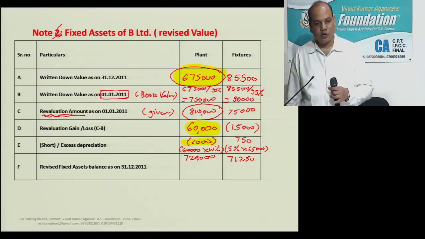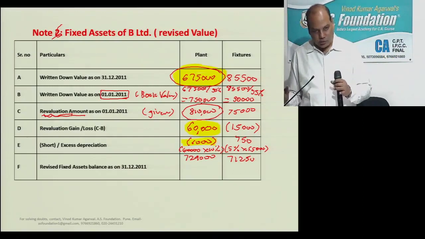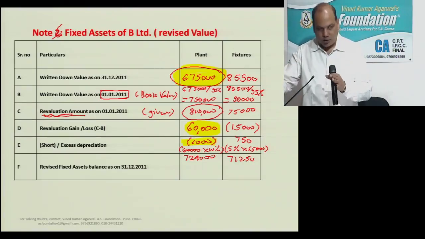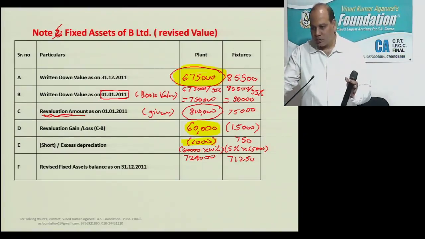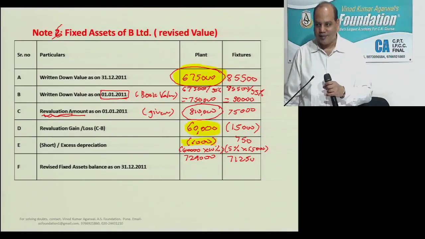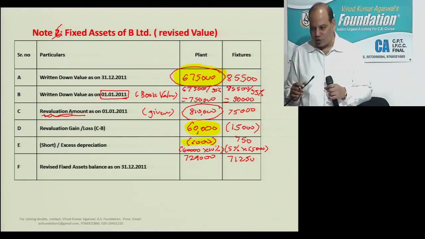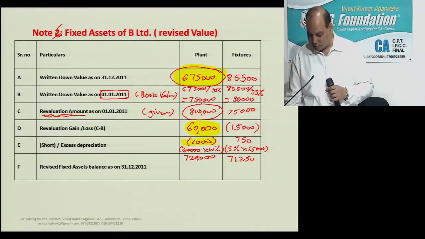Wait, there is a shortcut also. 8,10,000 minus 10%, and 75,000 minus 5%. That will also give you the same answer. Why did you take unnecessarily so much? You write that also, in the same column or below, 8,10,000 minus 10%.